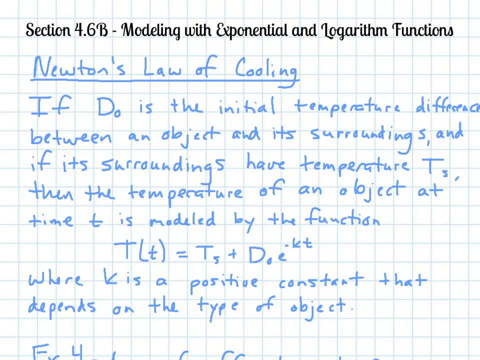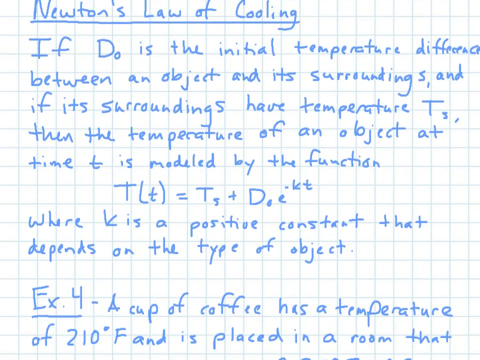So k is a positive constant that depends on the type of object that you're talking about. Based on those properties, it could have a different value for each object that cools.